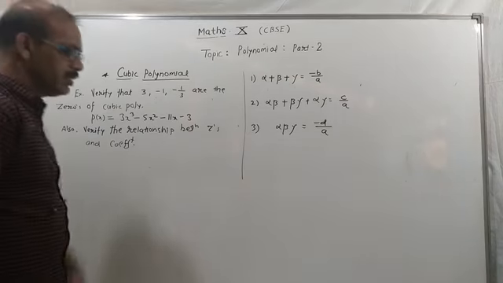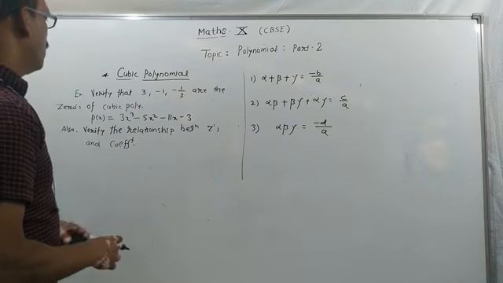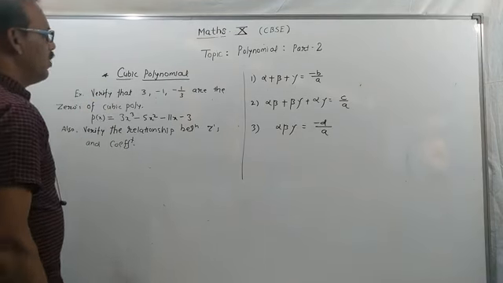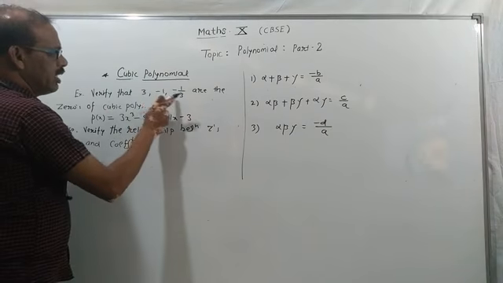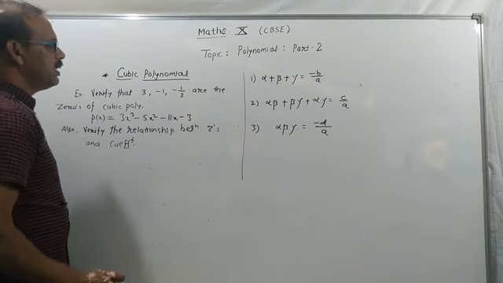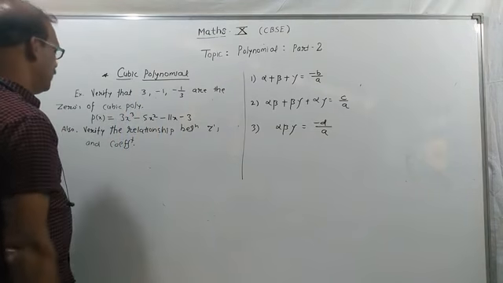Got it? Now, first part is verification. Verification means three zeros are given. These three zeros are represented by alpha, beta, and gamma.